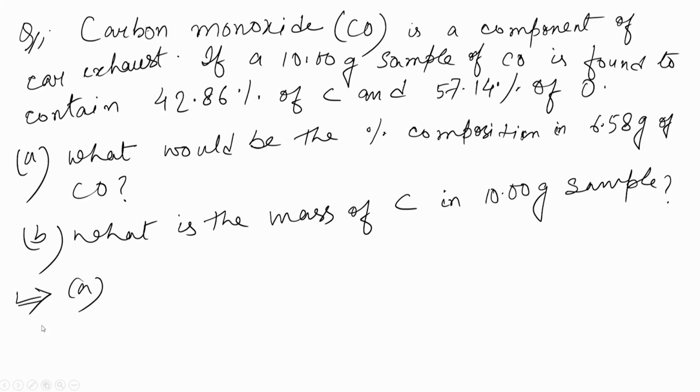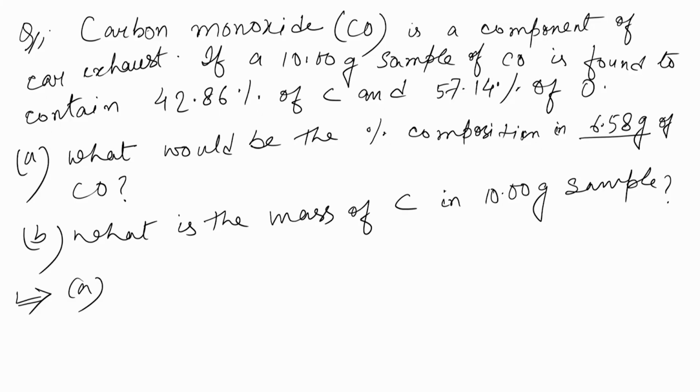Question A. What would be the percentage composition in 6.58 grams of carbon monoxide? We have discussed that in the law of definite proportion, the basic point is the percentage composition of the elements in a molecule will remain the same no matter what the weight is, how much amount we have, or from where we have collected.